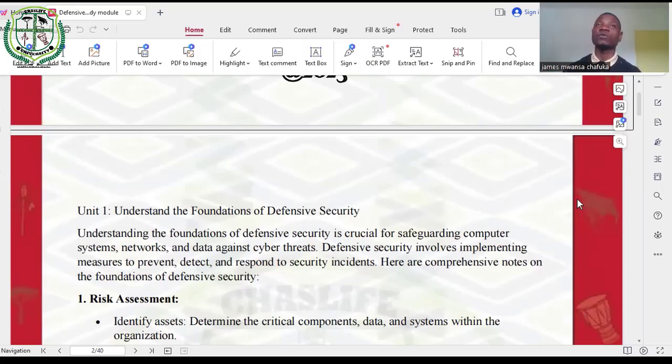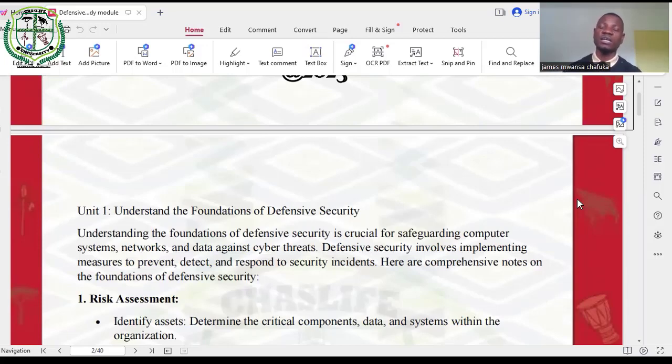Very important, because the computer system is made up of many components. So in order to understand the components of the computer system, it is very important that you understand defensive security, and also the aspect of protecting data against threats.